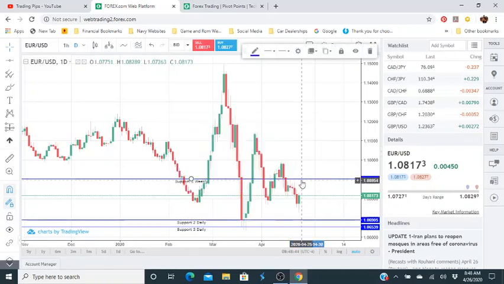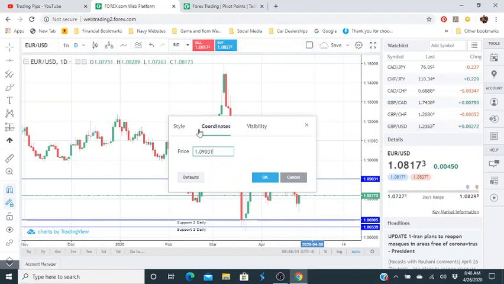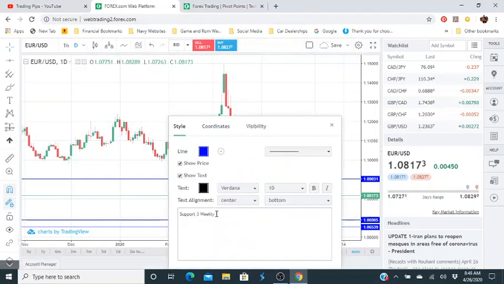We're gonna do the same thing for the one that says support 3 weekly. We're gonna hit our settings once again, style, change it to support 1 daily. And you can name it whatever you want. You can do it just like the Forex website says. It has S1, S2, S3. I just want to make sure that I keep track of it, so I just name it support 1 daily.